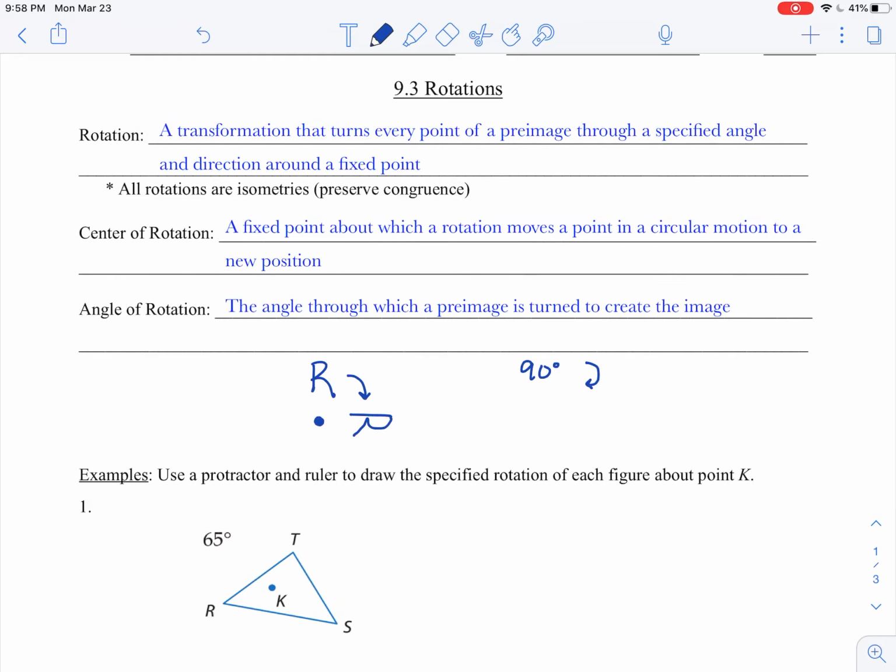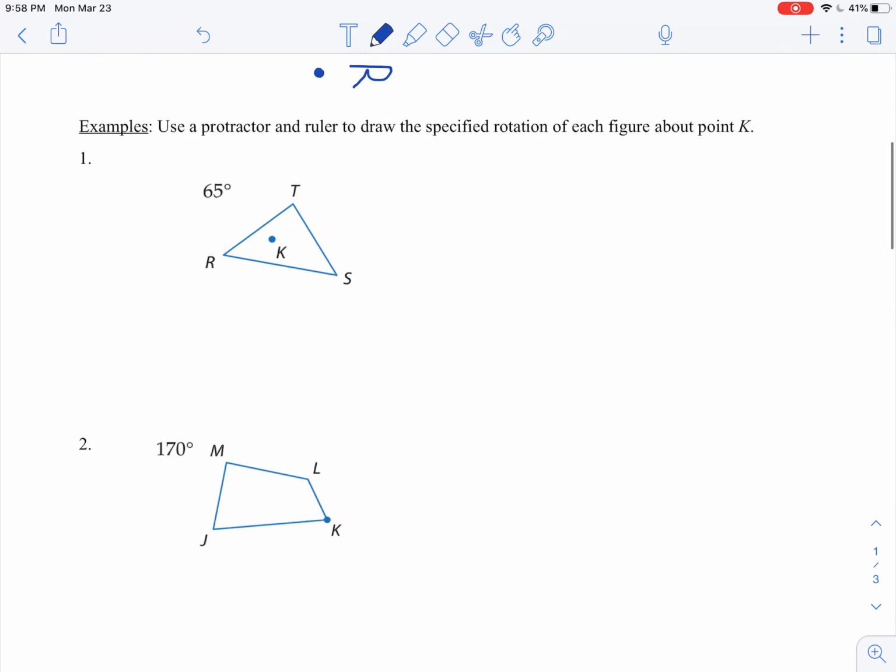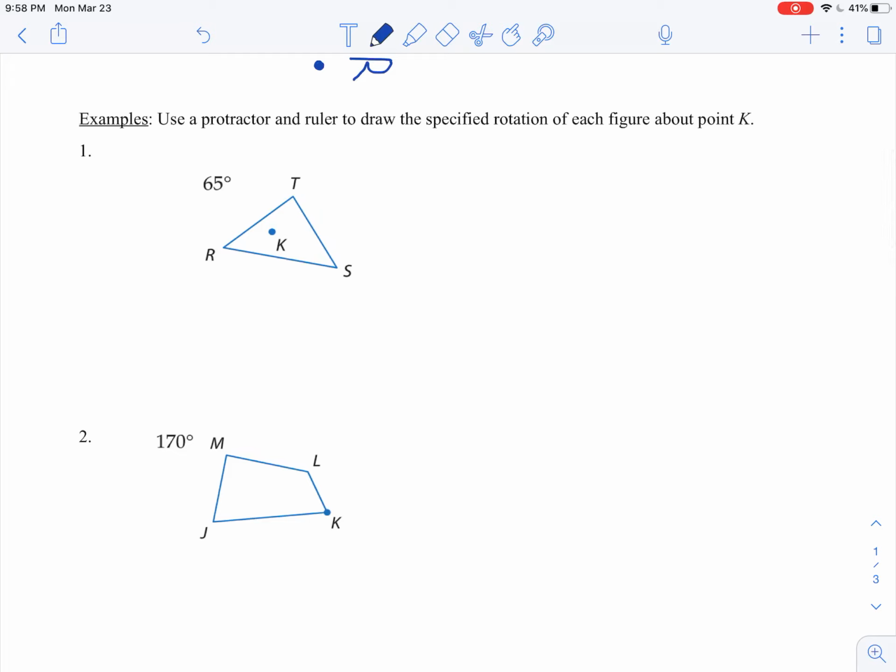If we were in class, I would show you the next two examples, questions 1 and 2. In order to do these questions, you need a protractor and a ruler or a straight edge. Unfortunately, those are too complicated to do on a digital platform, so I put a link to someone else's YouTube video.